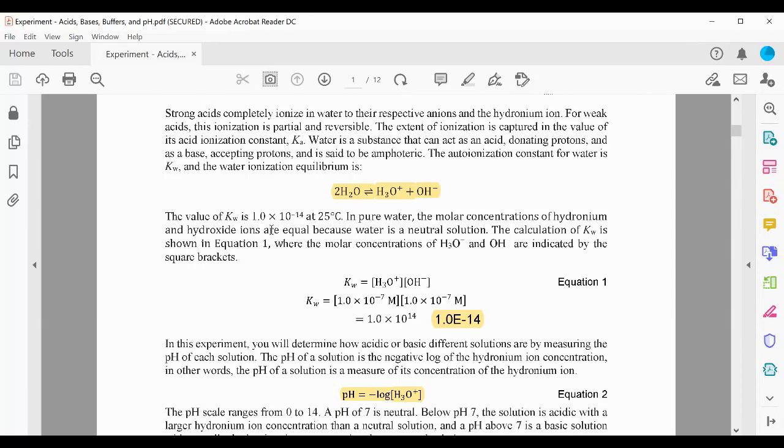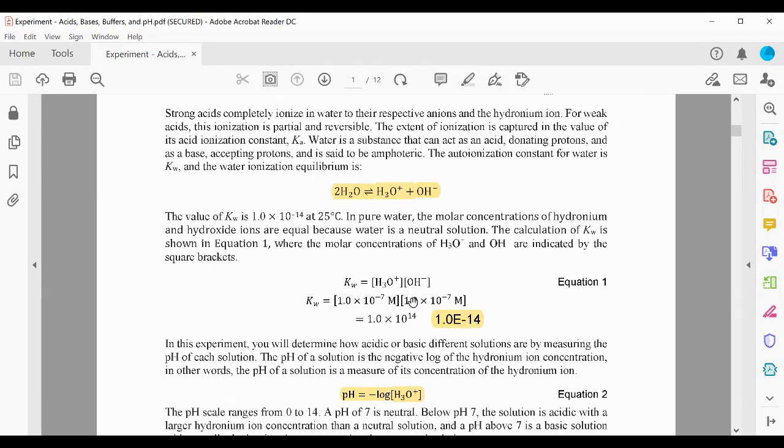So if you have water, very little of it is going to dissociate. But if you look at this number here, the constant at 25 degrees, I highlighted it because it's written wrong. It says that the Kw exponent is positive. And no, it's not that big.